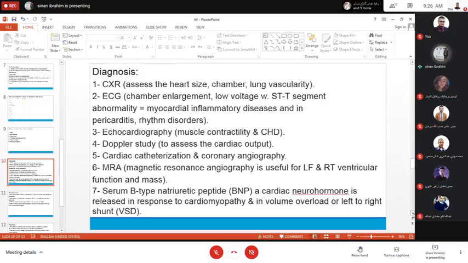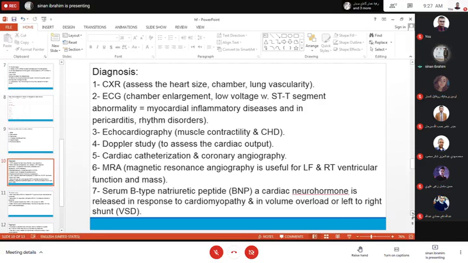Also ECG, and we will have a session in the sixth grade, inshallah. We'll talk about cardiac enlargement and arrhythmia, how to read it in the ECG in the patient with heart failure and congenital heart disease.